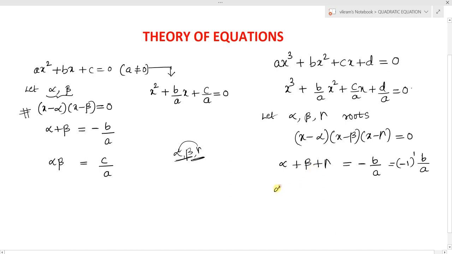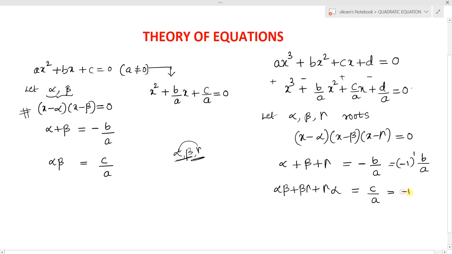Then alpha beta plus beta gamma plus gamma alpha equals, with the signs alternating plus, minus, plus, minus, a plus of c by a.